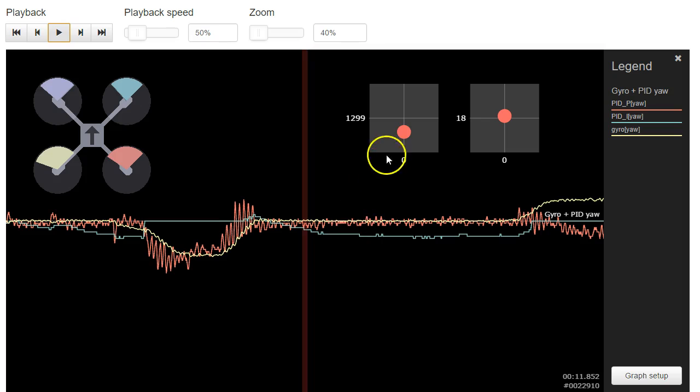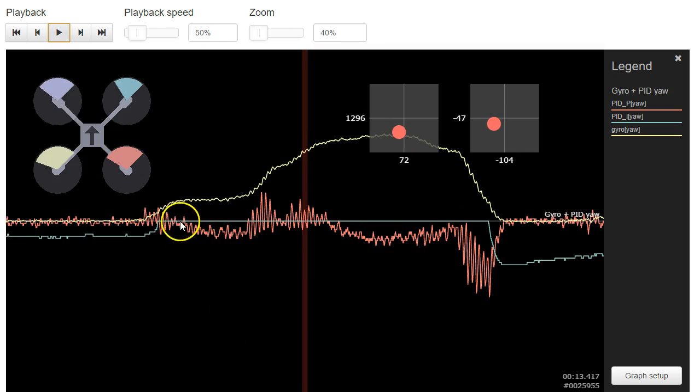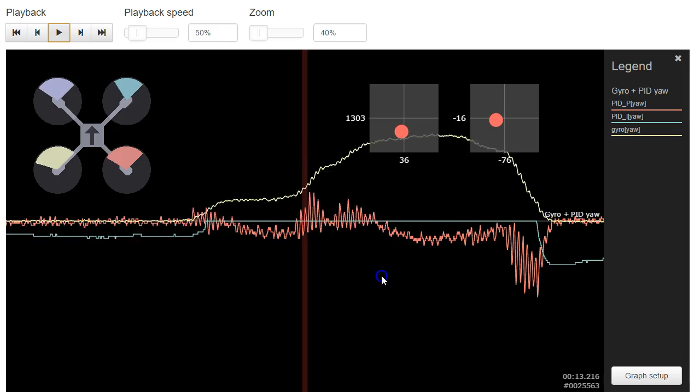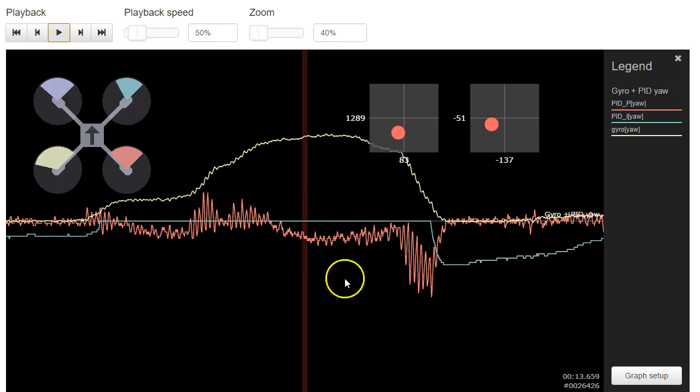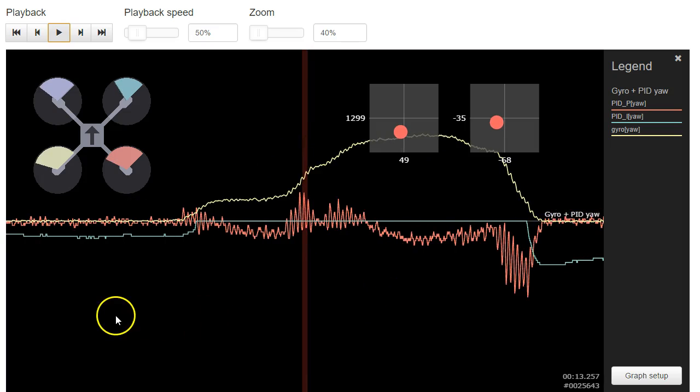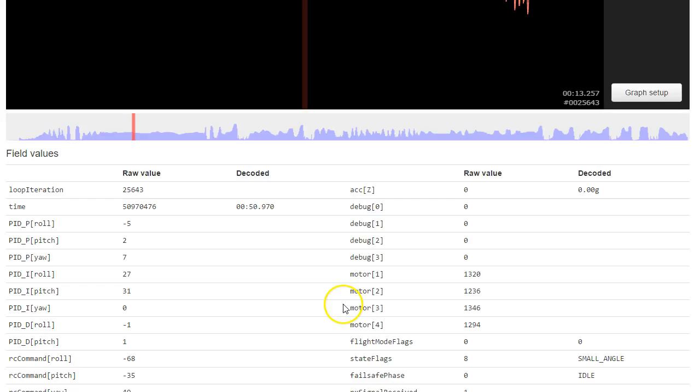We're still looking for times when you really did a sharp yaw move. So here we see the yaw I term getting zeroed out. It doesn't look like you're doing that sharp of a move. What's your yaw rate? Well, 52 degrees per second.